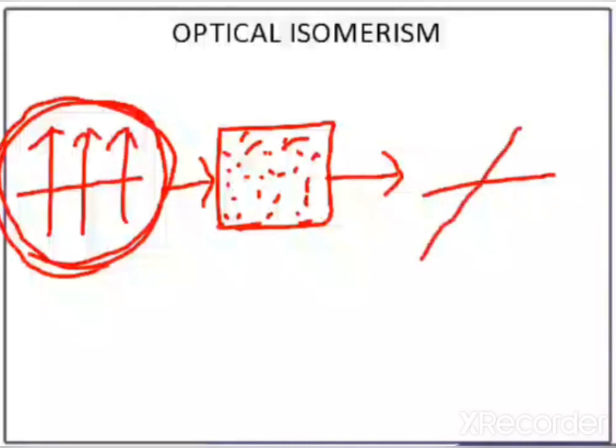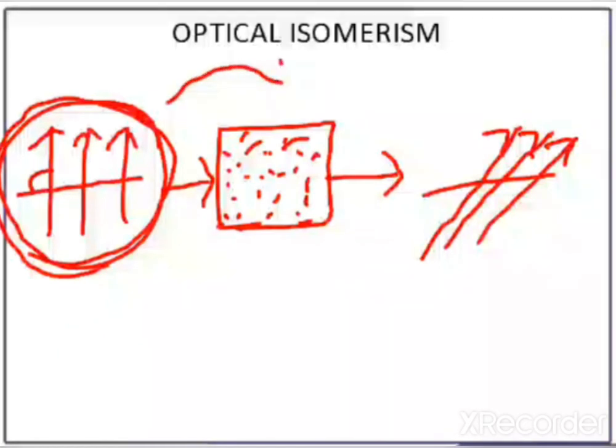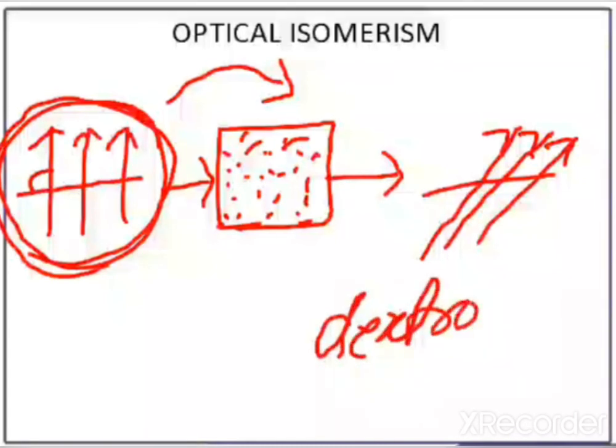Changed means if the vibrations move clockwise, it shifts clockwise. Here the angle is 90 degrees, and now the angle is shifting in the clockwise direction. This is known as dextro-rotatory.